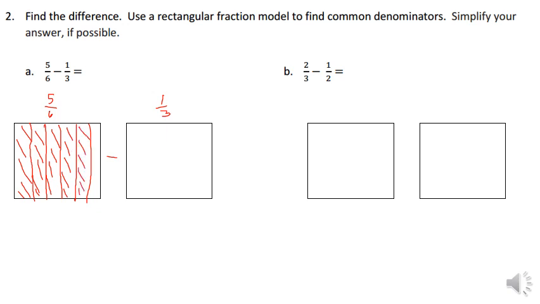Now 1/3, I'm going to come horizontal and split this into thirds, and then shade 1/3. Now that we have it set up properly, we know that we're going to combine our models, and we're going to split our sixths into thirds, and we're going to split our thirds into sixths.